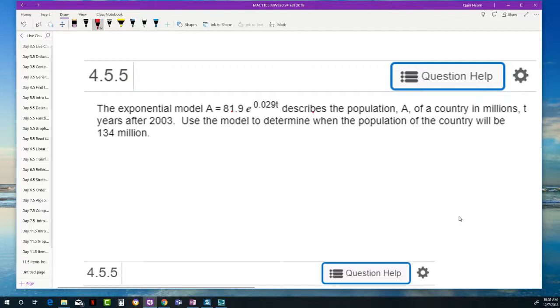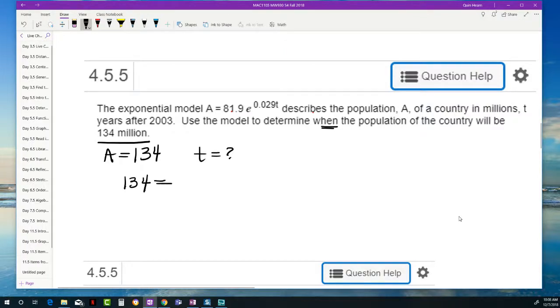Okay, so if A is the population in millions, then the information they're giving us here is A, right? Except A is measured in millions, so A is just going to be 134. And we want to find t because it's asking when, right? So let's go ahead and plug in 134 to our model.